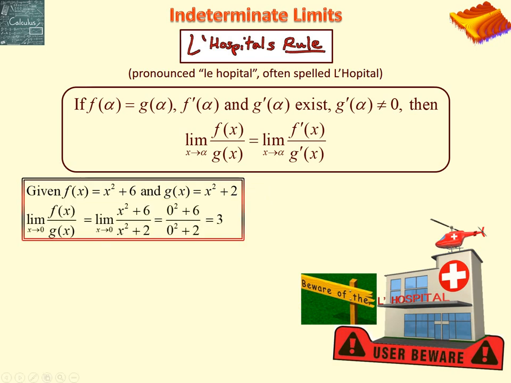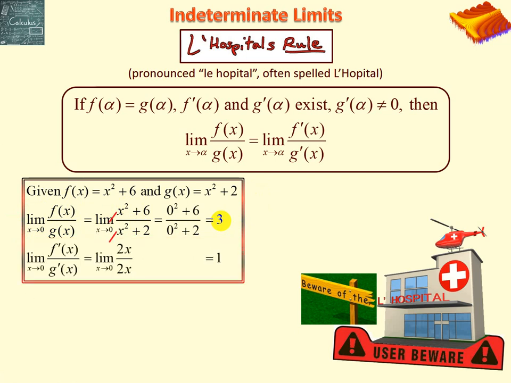If I say limit of f of x over g of x as x tends to 2, then I'm going to substitute it and I get 3. Now what happens if I use L'Hopital's rule on it? I'm going to differentiate top and bottom instead. So I'm going to say 2x over 2x, and I end up with 1, a different answer.